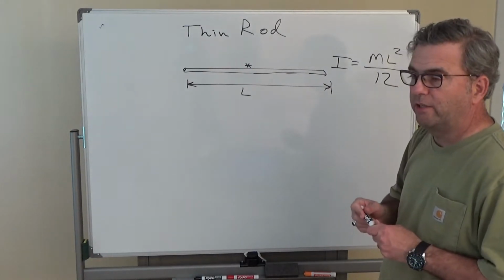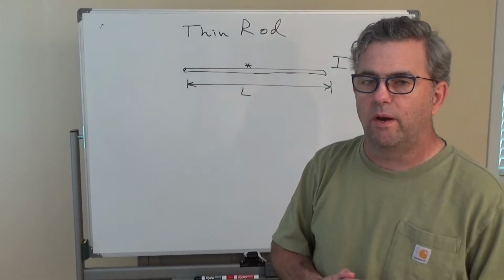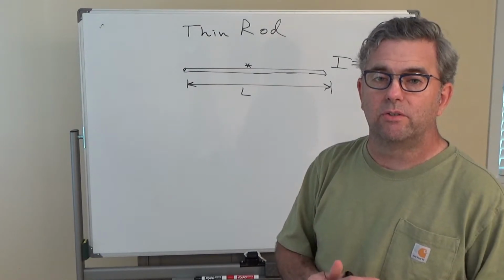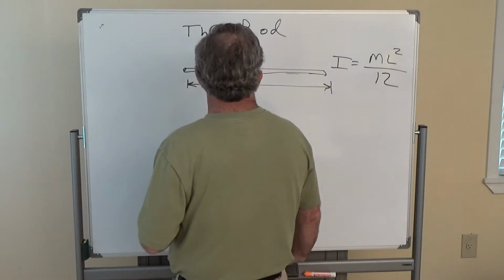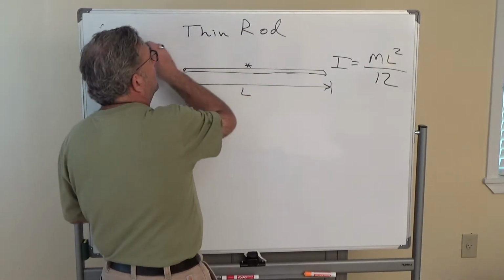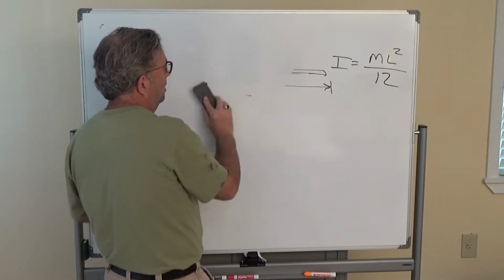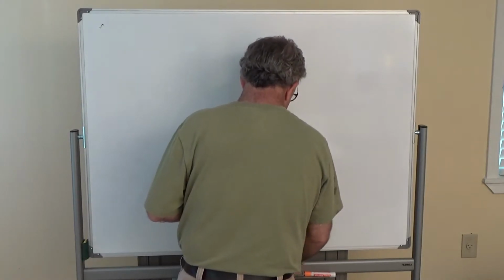Moment of inertia has units of kilogram meters squared or gram centimeters squared. It depends, just like anything else. Standard units are kilogram meters squared. So for all of these rotations, the moment of inertia plays the role of mass.